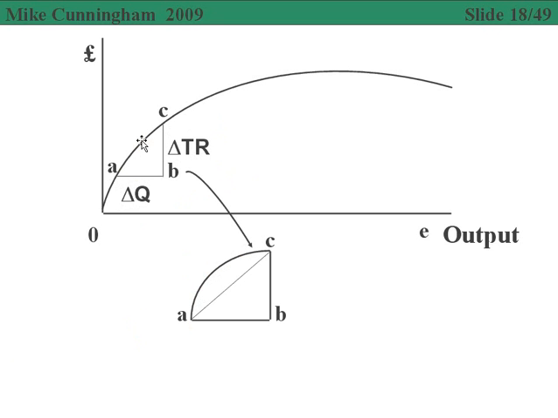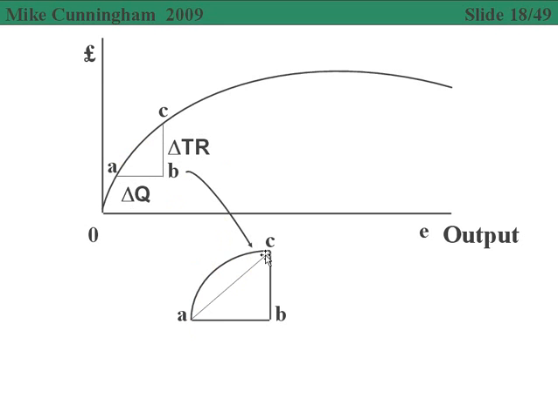I've exaggerated it because I've exploded the diagram to have a look in more detail at what's happening here. However, the ratio delta total revenue, delta TR, divided by delta Q will give us the gradient of this straight line from A to C.